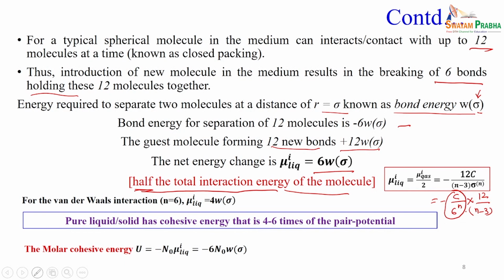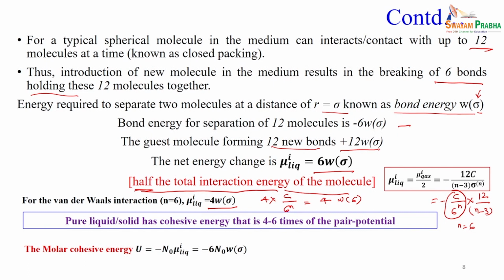Now, if you remember from the last class, for van der Waals interactions the value of n was 6. So, if you put n equal to 6 here, it will be 4 times the pair potential.